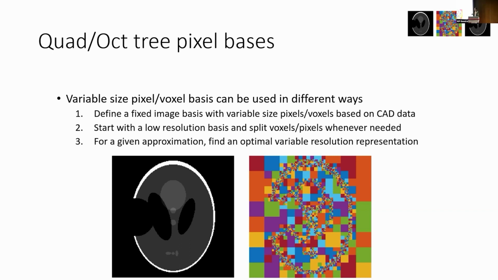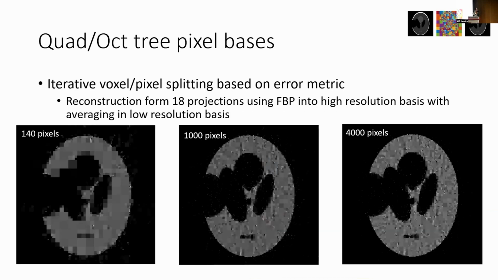If you get this information from cut data, we know where the edges are. You can generate a mask basis with a variable density, and you can use that in your reconstruction. But again, you have the same problems if things shift. So it's more interesting to look at adapting your basis iteratively.